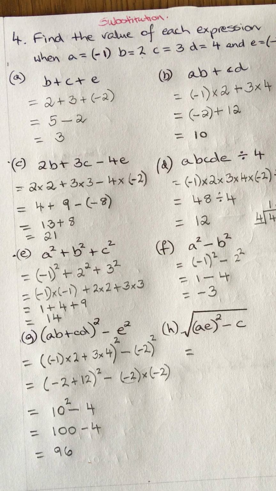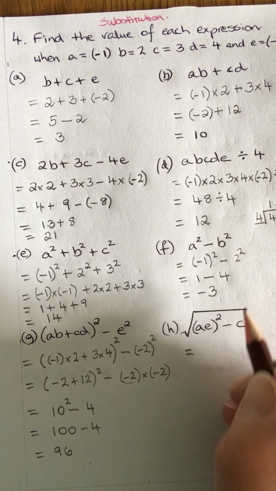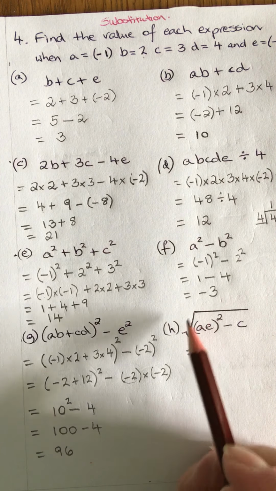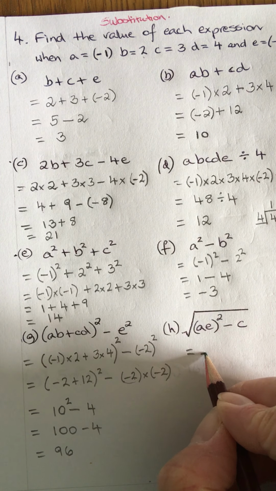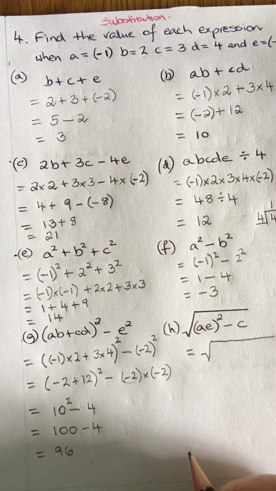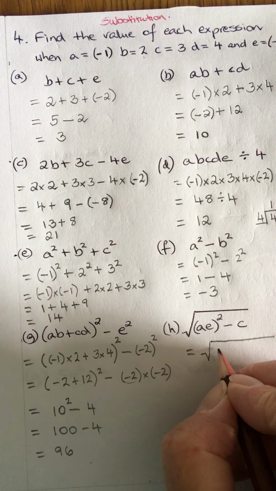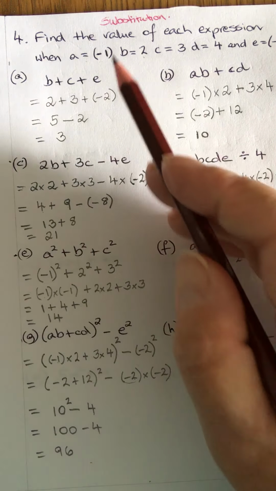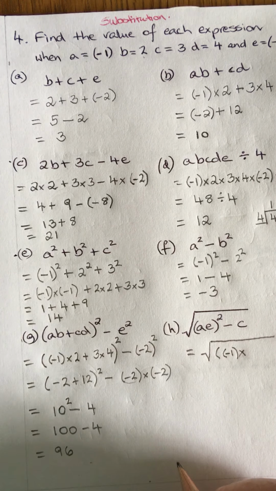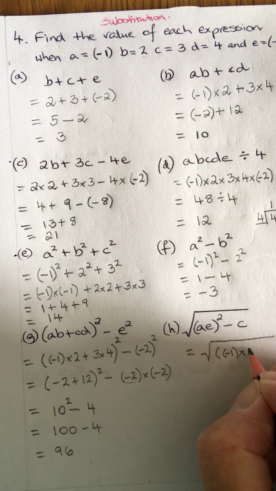Okay, last one for question 4. Right, this symbol here you should recognise as the square root. Because it's over the whole thing, that'll be the last thing that we do. So we'll just do a big square root sign. AE in a bracket. So let's put a bracket. A is -1, need another bracket, times E is -2.